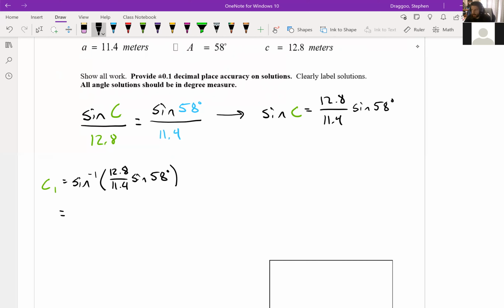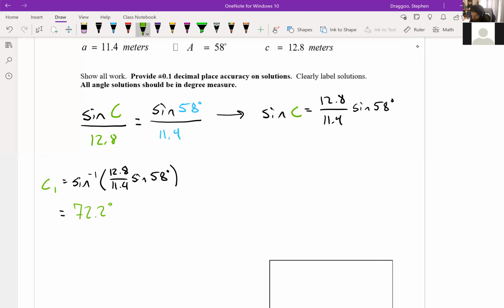We'll take that to a calculator: arc sine of 12.8 over 11.4 times the sine of 58 degrees, and I'll want that in degrees. I came up with 72.2 degrees. So that'll be my angle C1.